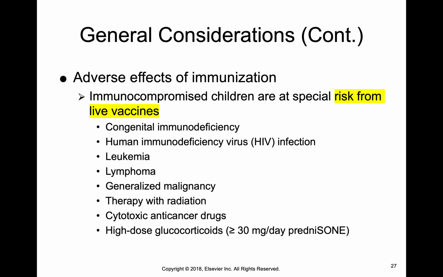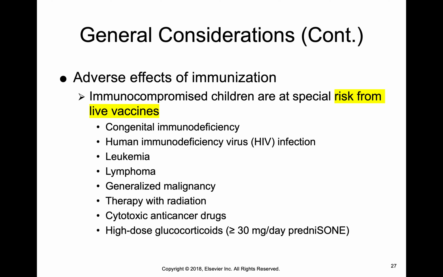So there are some adverse events from immunization. Immunocompromised patients really will be the most at risk from live vaccines because again they are somewhat live and these folks don't have an immune response really to combat live bacteria or viruses in them.